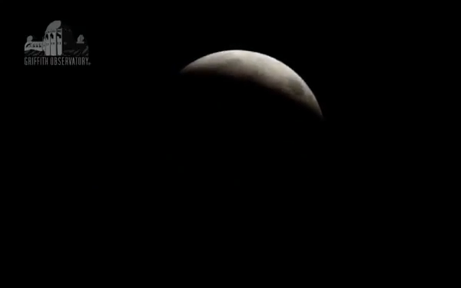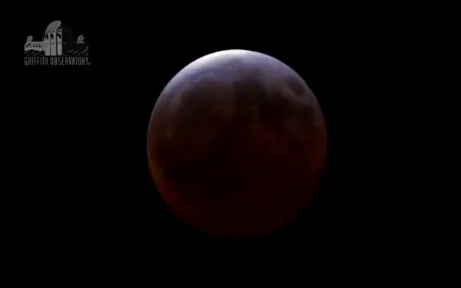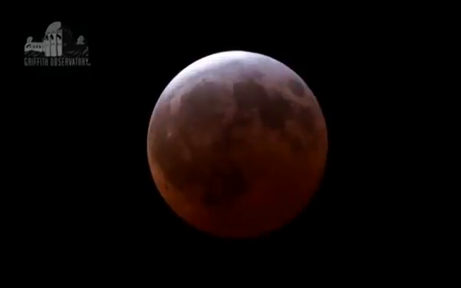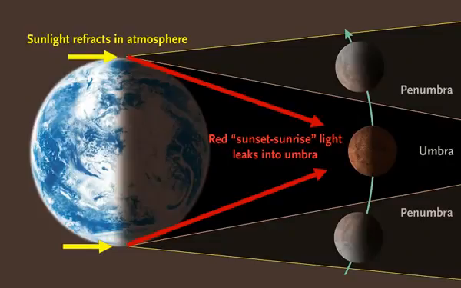As the moon is covered by the Earth's shadow, it begins to appear reddish, often called a blood moon. This occurs because of the reddish light of the Earth's atmosphere glowing on the darkened moon. It's red for the same reason sunsets are often red. Red light can pass through the atmosphere and not get scattered much, while light at the blue end of the spectrum is more easily scattered.